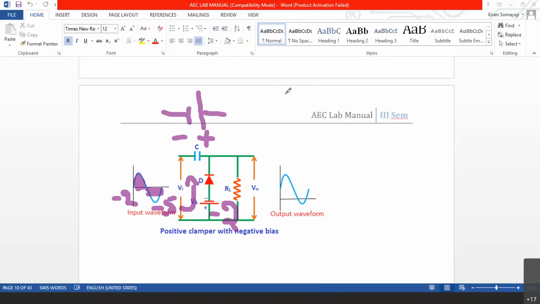Sir, 8 volts. No, wrong. 5 volts. No, wrong. It is not 2 volts.